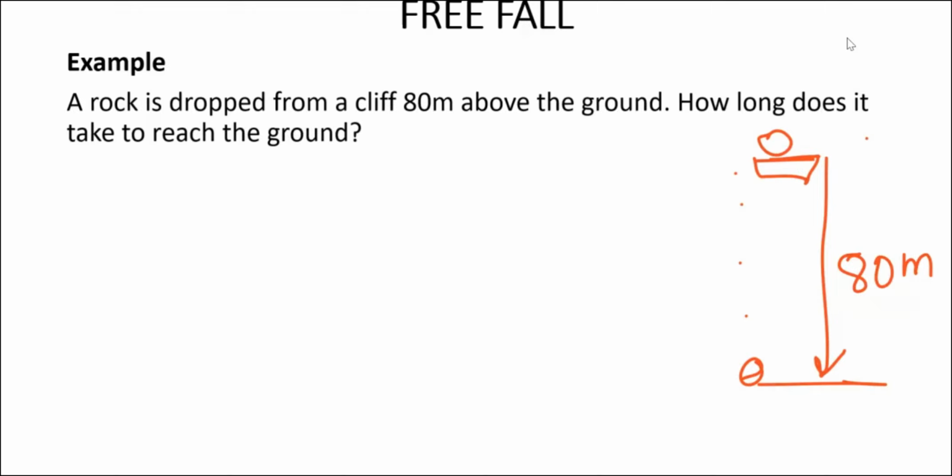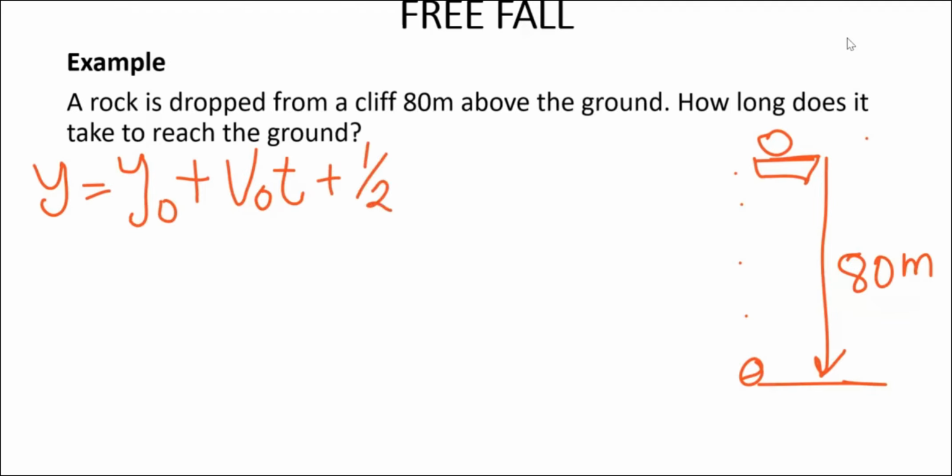Looking at the big 5, we'll use the third equation, which says y equals y0 plus v0 t plus half a t squared.